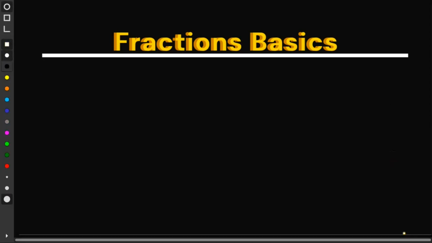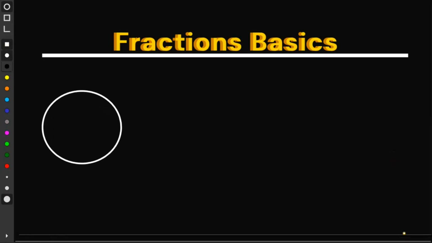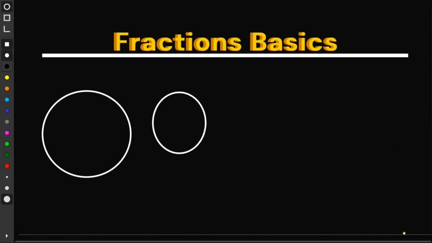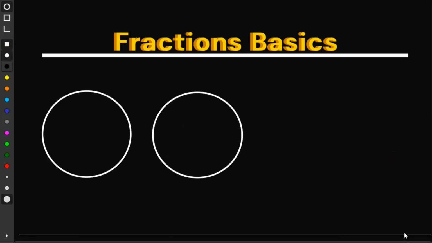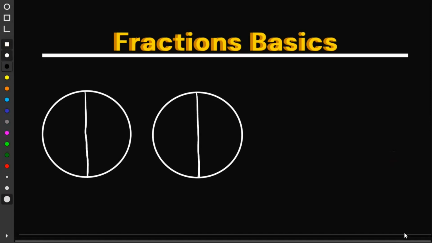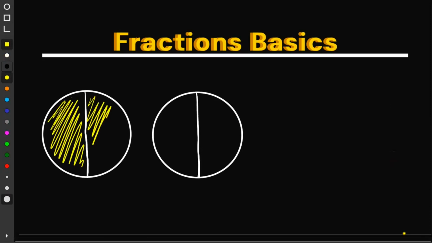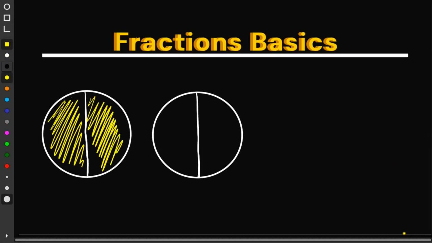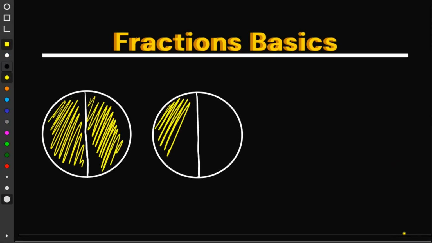This time, let's tackle something new. Say if we have 2 circles out here, wherein we both divide these 2 in halves, and say we shade this whole one out here, and this one is only 1.